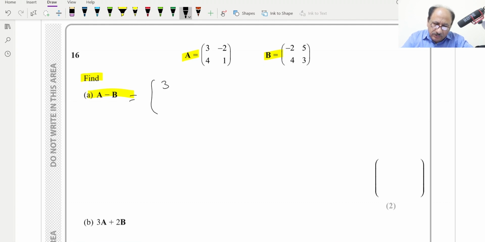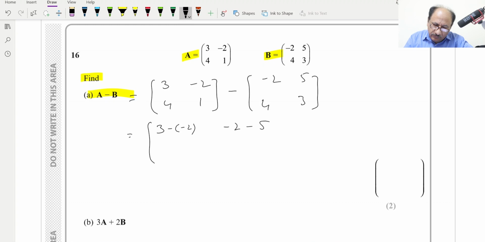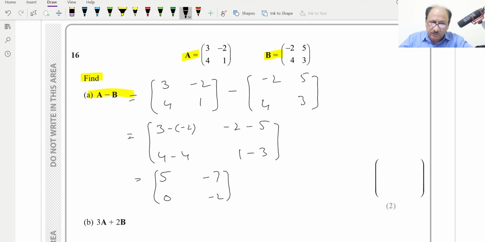A is 3, minus 2, 4 and 1, and minus B will be minus 2, 5, 4 and 3, and this will be equal to, we can subtract 3 minus minus 2 and minus 2 minus 5 and 4 minus 4 and 1 minus 3, respective members we are subtracting. Then this will be 5 and this will be minus 7 and this will be 0 and this one will be minus 2. This will be our final answer: 5, minus 7, 0 and minus 2.